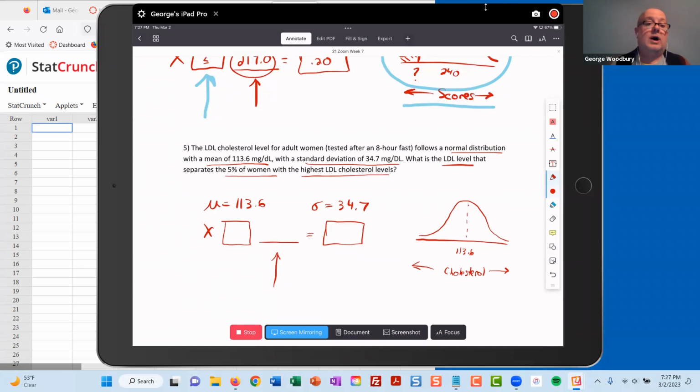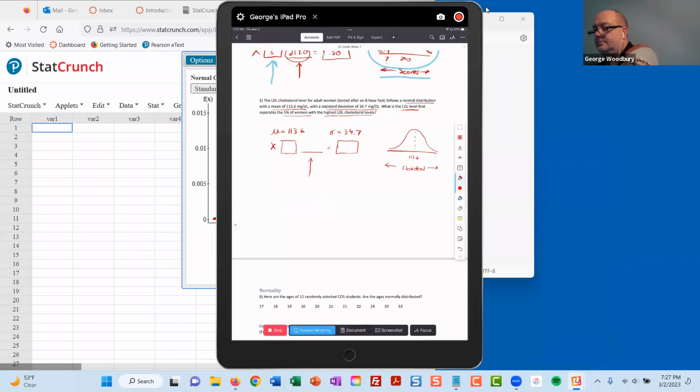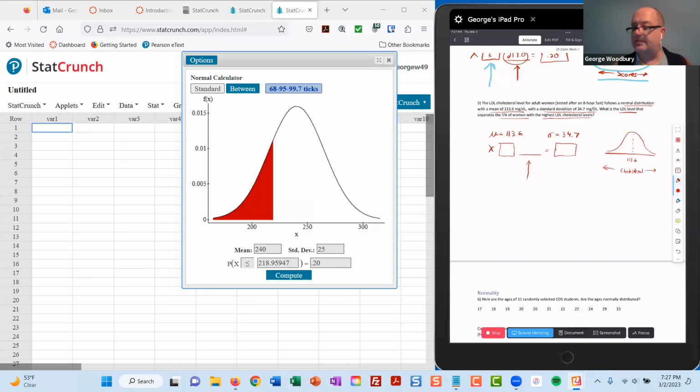And again, just round your answer to 1 decimal place here. When you have it, do me a favor, go ahead and type your answer into the chat.